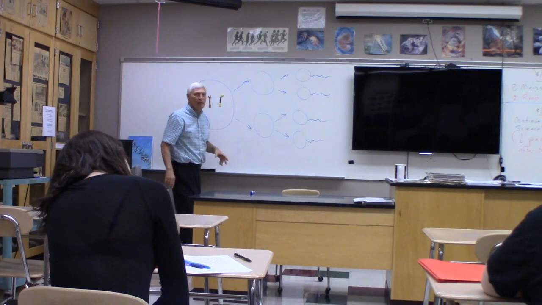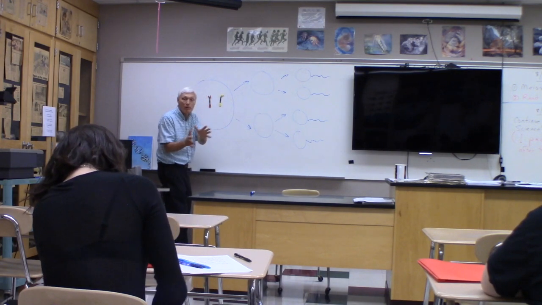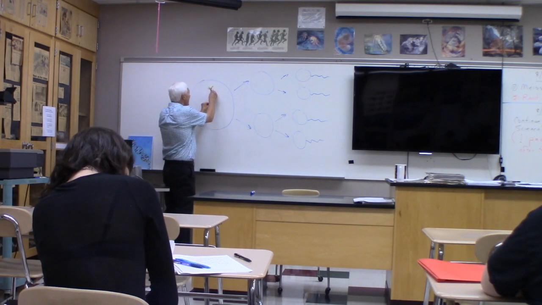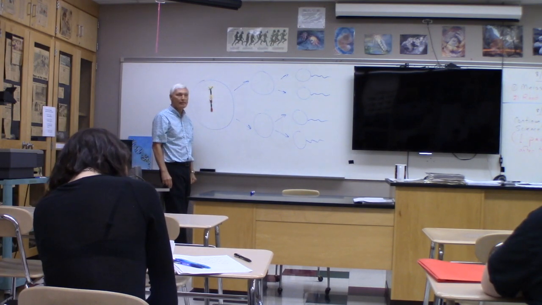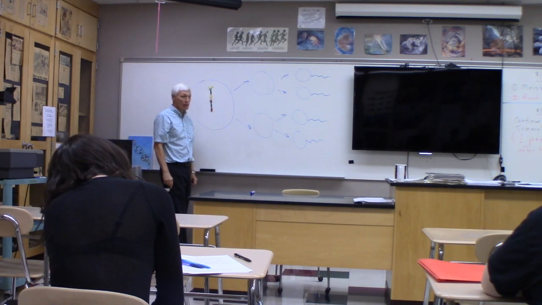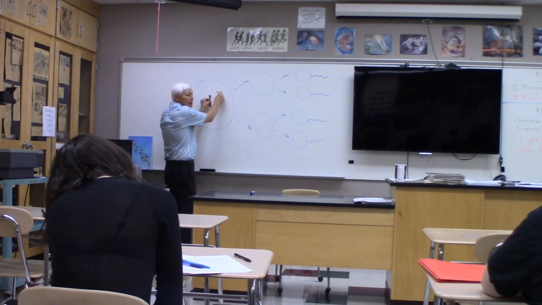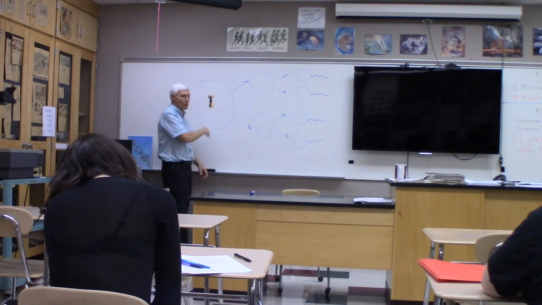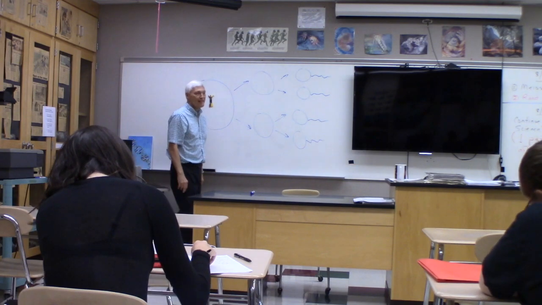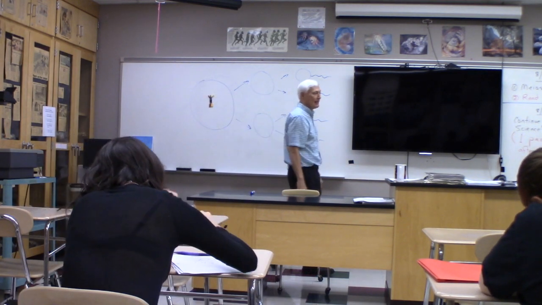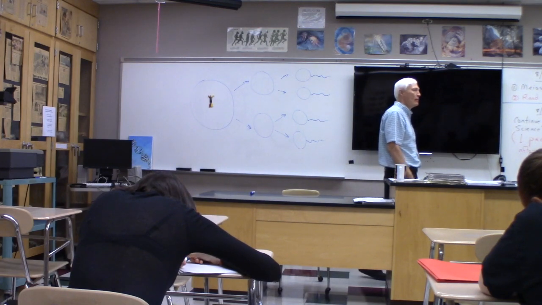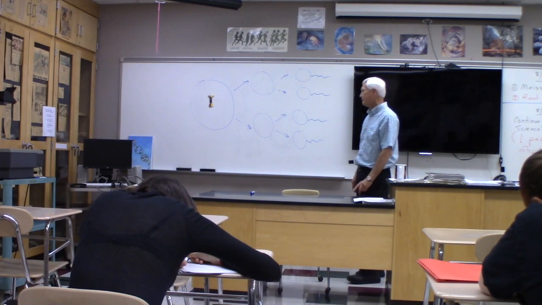Okay, now, let's look at this first meiosis division here. Remember how in mitosis, every chromosome pair lines up like this? Remember that? They don't do that in meiosis. In meiosis, here's how they line up in the middle of the cell. They snuggle. So go ahead and draw that. Every chromosome pair snuggles like that. Actually, we don't call it snuggling, but it kind of looks like that.